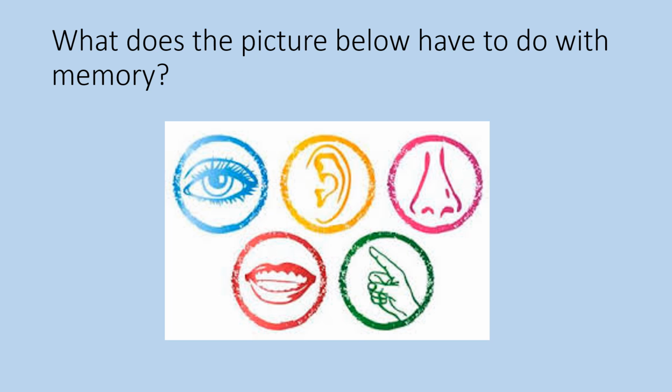We refer to these as inputs, and they set inputs into our memory process. We need to be clear that our senses are not a memory store; they're an input. That's something to bear in mind as we go through this.